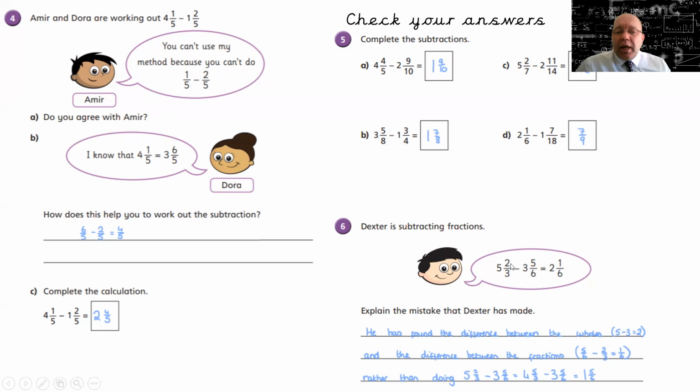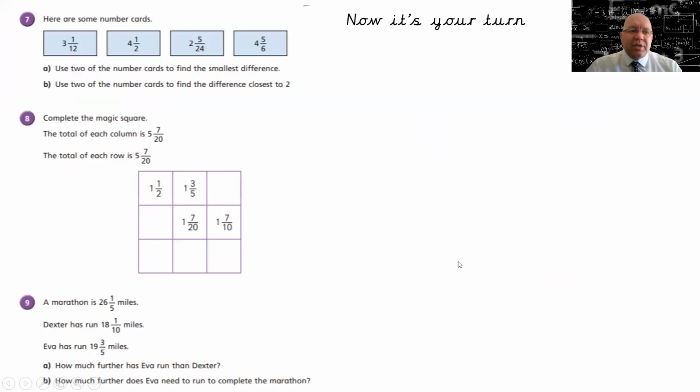Okay, so yeah, he's got 4/6 take away 5/6 equals 1/6. So there's his mistake. However you've decided to explain that, that's what's gone wrong there. Now, for those of you who are up to it, there's 3 more tricky challenges here. So let's see if anyone has a go at these 3. Pause the video, have a go at these as our extension for today.